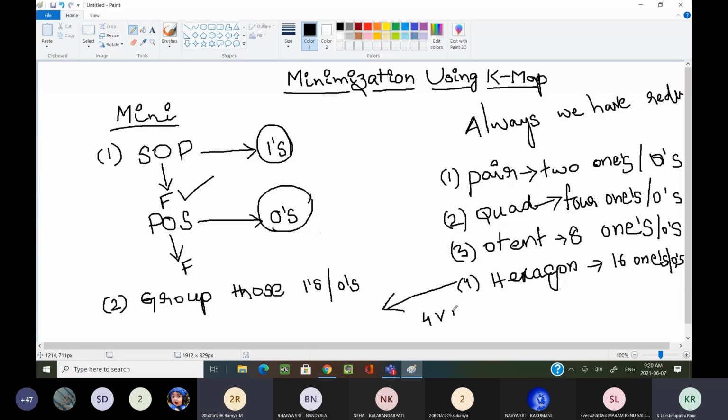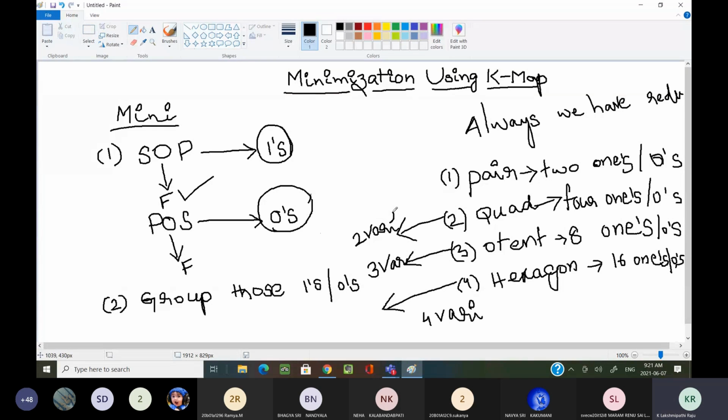If I form an octant by combining 8 adjacent ones or 8 adjacent zeros, in this case I can reduce 3 variables. Now, if I form a quad by combining 4 adjacent ones, I can reduce 2 variables.